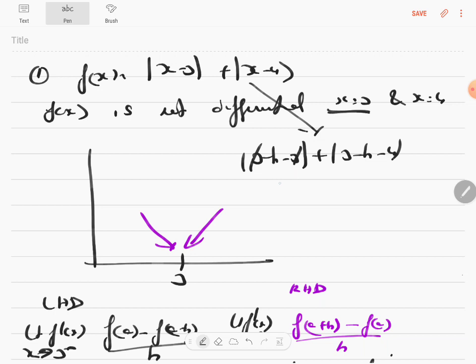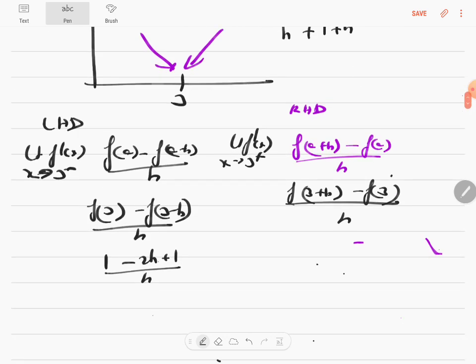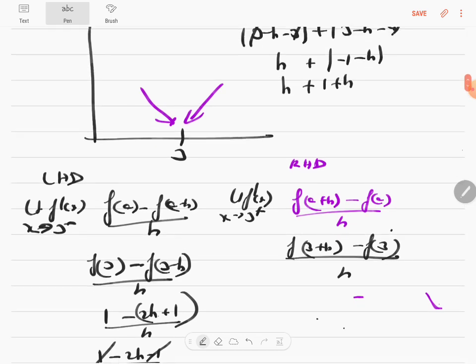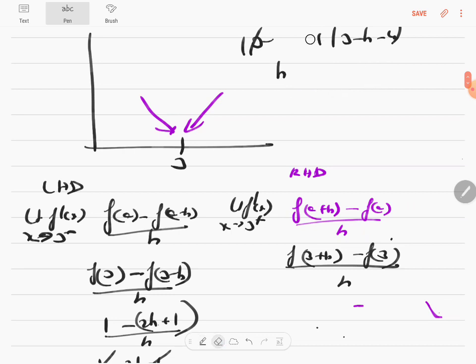This will be mod of minus h, which will be plus h. This will be mod of minus 1 minus h, which is nothing but 1 plus h, so together 2h plus 1. But there's a negative sign before. So 1 minus 2h minus 1 by h. 1 and minus 1 get cancelled. Answer is minus 2.